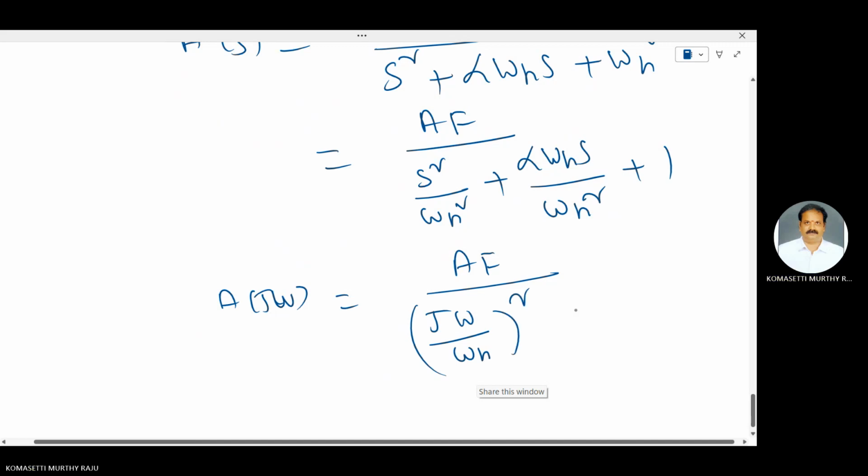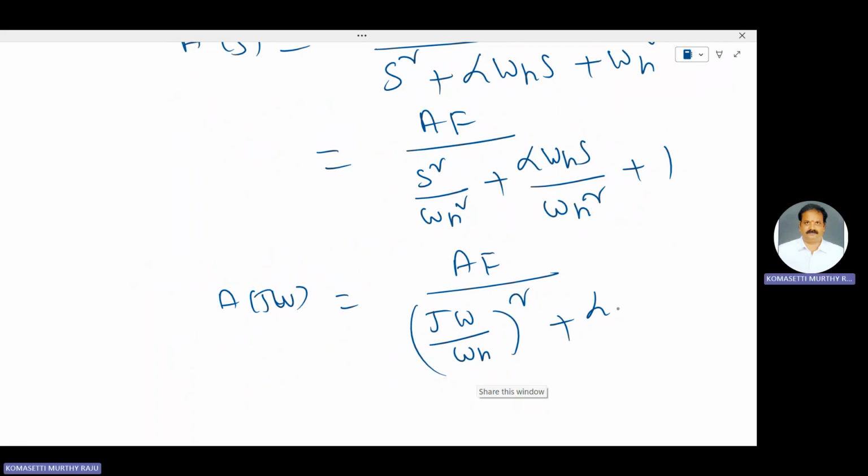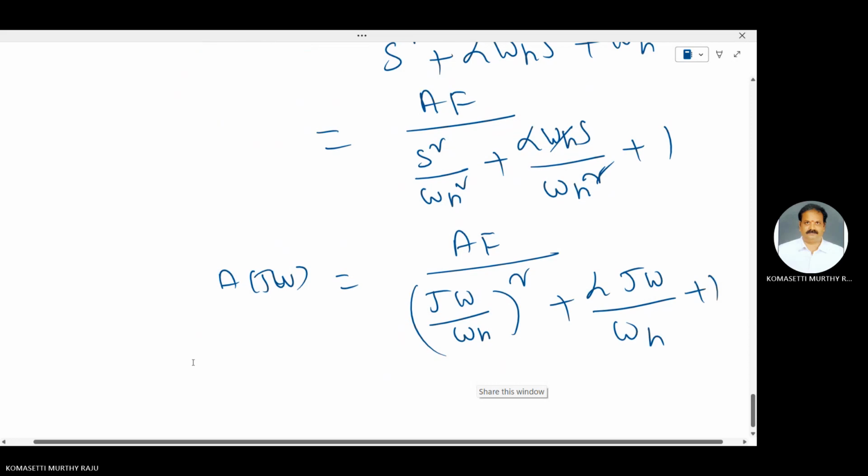S is j omega, so here omega H square cancels.